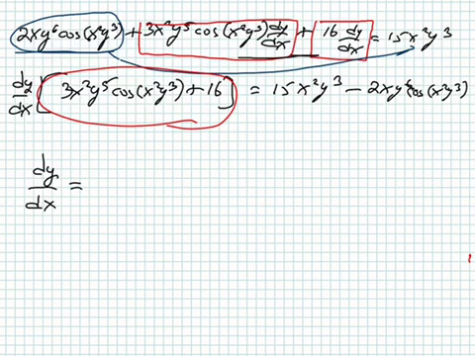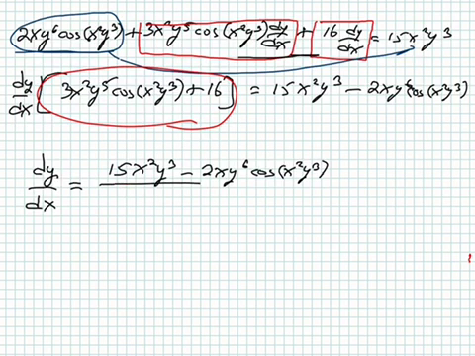All right, so dy dx is going to be 15x squared y cubed minus 2xy to the sixth cosine of x squared y cubed all over 3x squared y to the fifth cosine of x squared y cubed plus 16.